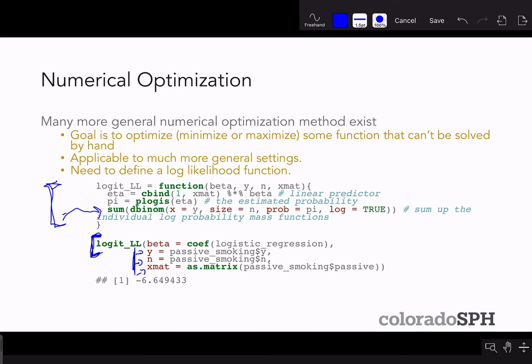And then I'm plugging in the beta values that we obtained from that logistic regression and the glm function from before. And you can see it gives you the number for the log likelihood, which is negative 6.649, which is the same number that was spit out by our glm function in the previous step.